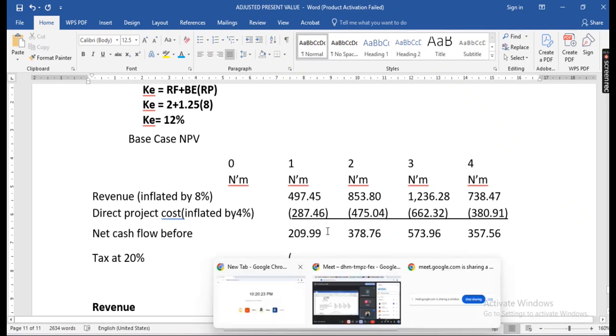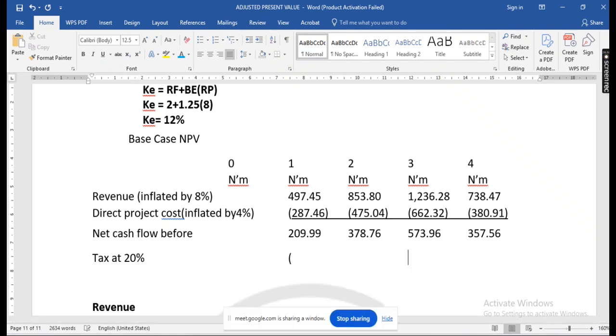Year 3, 114.79. Why is it that you always start from the last year? If you didn't start from the last year, second to the last, what do you have? 114.79. That's fine. So quickly, figure. Year 4 is 71.51.